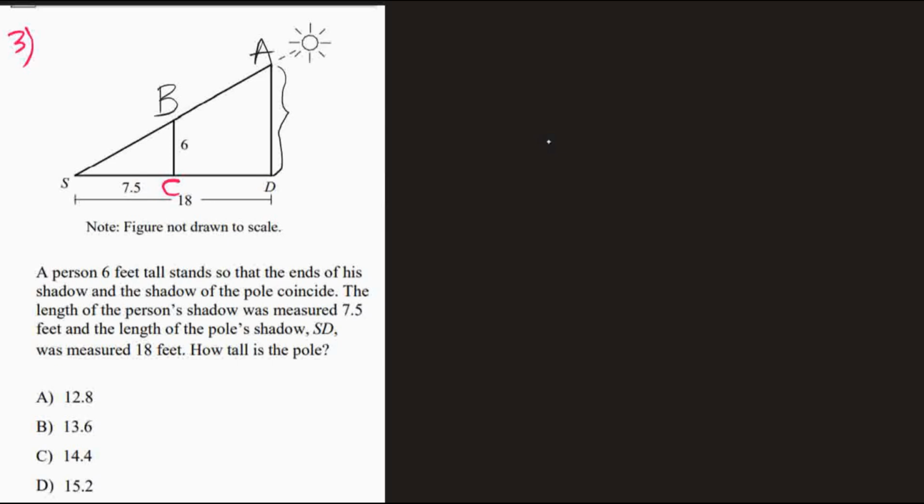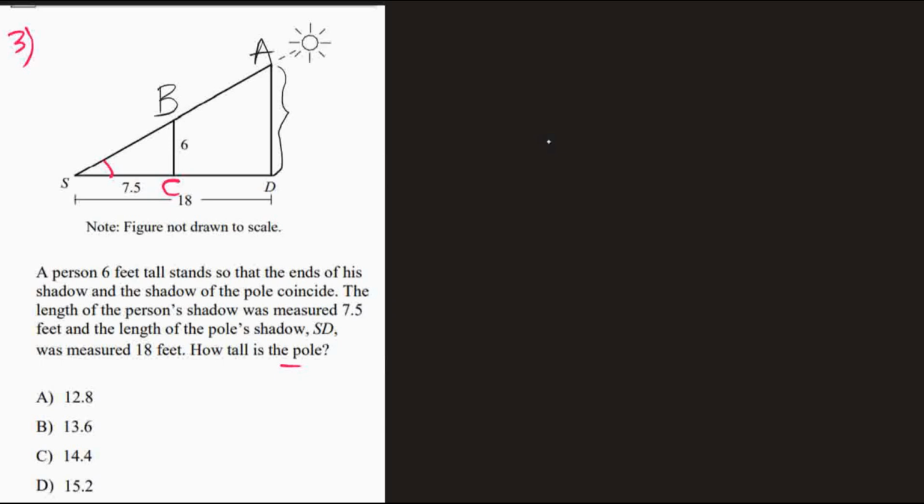As a result of that, we can use the corresponding ratio to find the answer. Now, how do we know it's similar? Because this matches exactly inside the big one, and they have the overlapping angles here. Now, how tall is the pole? It is AD.